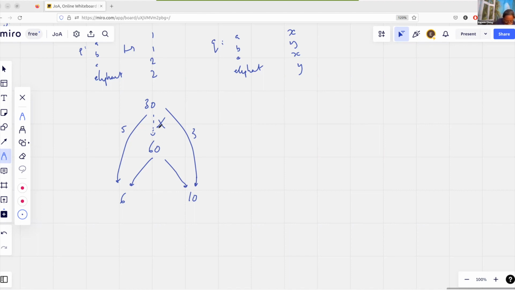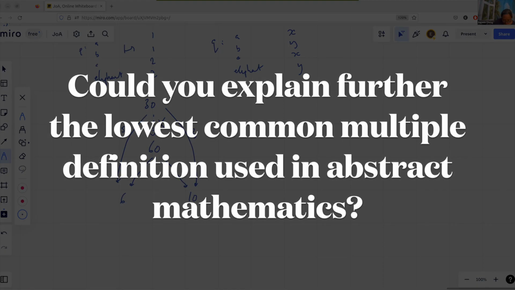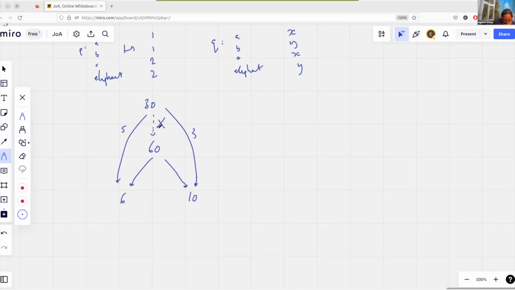So then the next question says, could you explain further the lowest common multiple definition used in abstract mathematics? I'm not sure if I can, because I think I put all the explanation that I have in there. Let's see, what did I say on page 253? Oh, maybe I can. You might think that the lowest common multiple is the lowest among all common multiples.